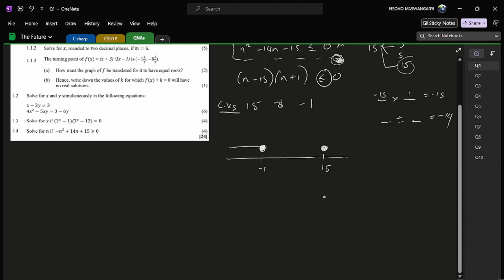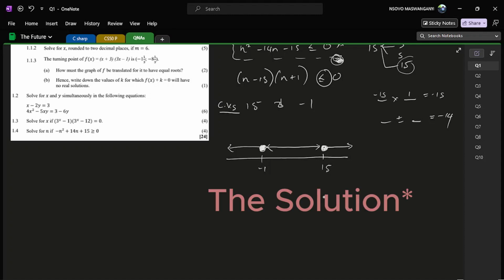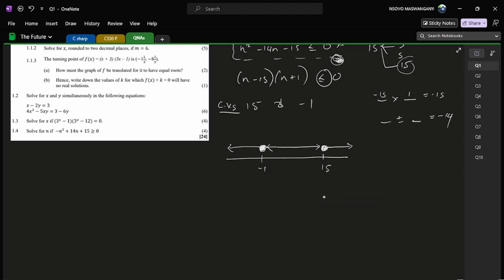We are going to look for a number that is less than -1 and see if the result is negative or positive, because here we're looking for when it is negative, since it's less than or equal to 0. So we're looking for either being equal to 0 or negative. If it's negative, it will be the answer, but if it's positive, then we'll discard it.